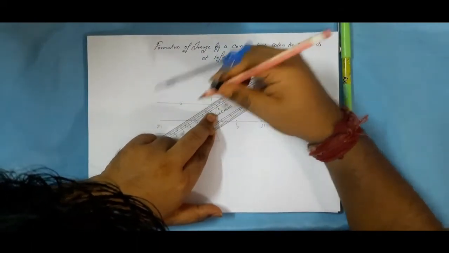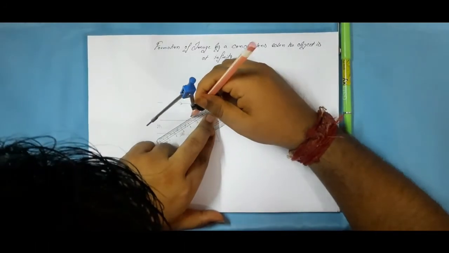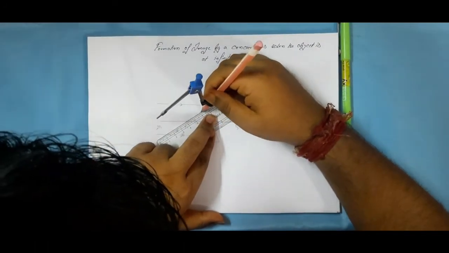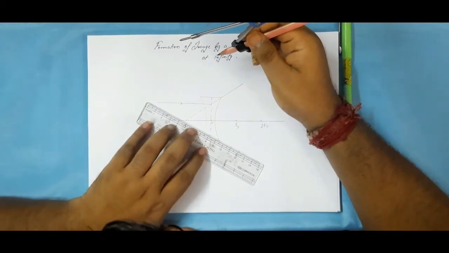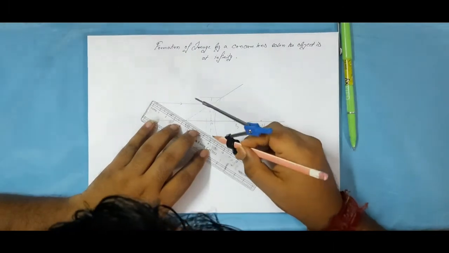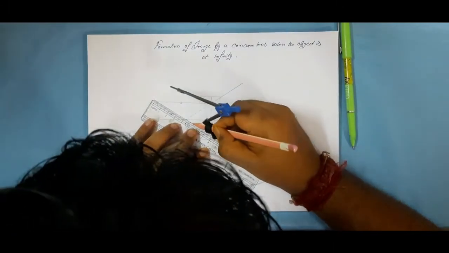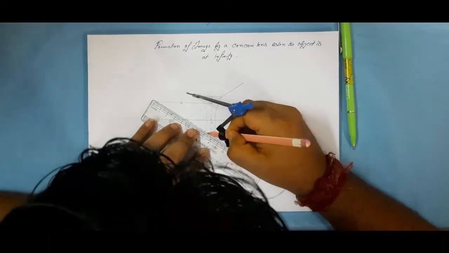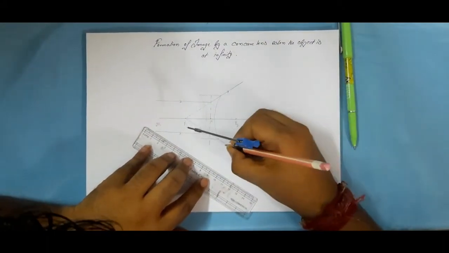This is the refracted ray, and the extension we will find in the focus. Same way, this is the refracted ray, and we will draw the extension that will meet at the f1. So arrow diagram is a must.